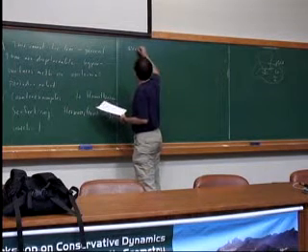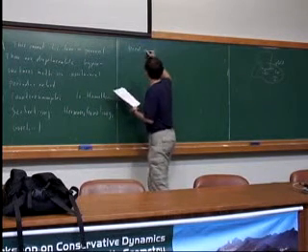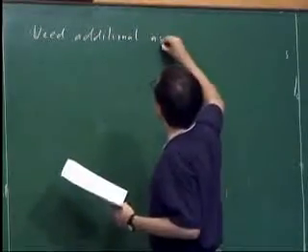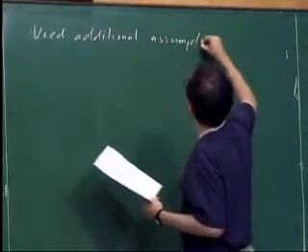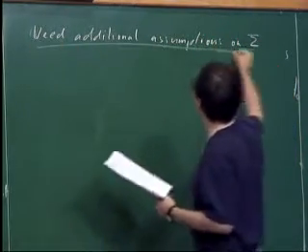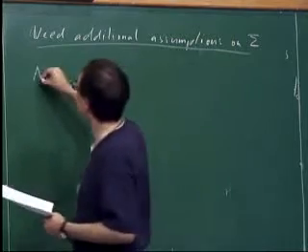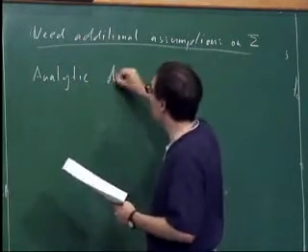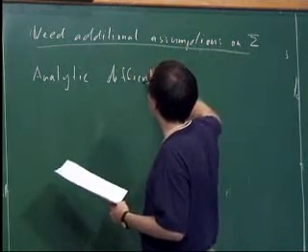So the upshot is we need additional assumptions on this energy hypersurface sigma, and this corresponds to the following analytic difficulty.